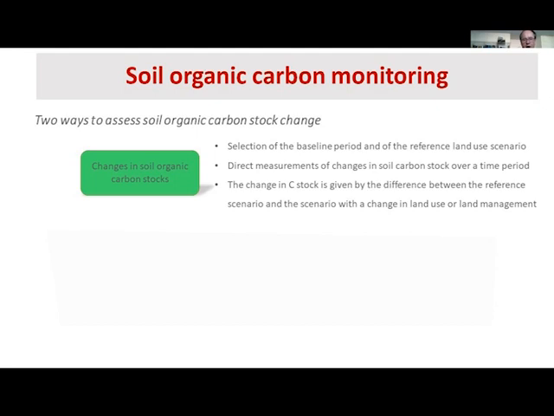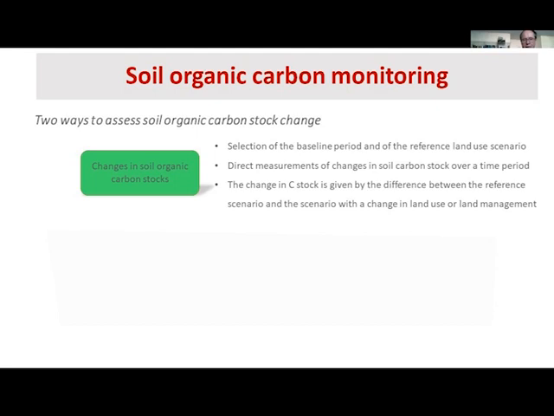As we know, that depth is critical because there are some practices which may change the soil organic carbon content in the topsoil, but actually would also have counterbalancing effects in the deep soil. So if you were to sample only the topsoil, you would get to one conclusion, but if you sample also the deep soil, you may have a different conclusion.